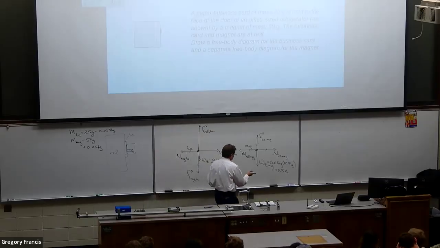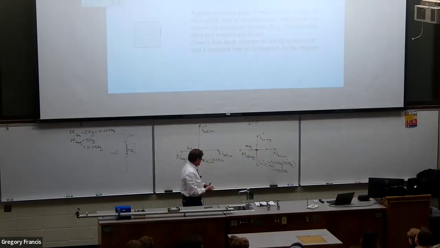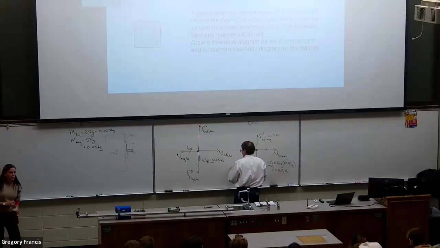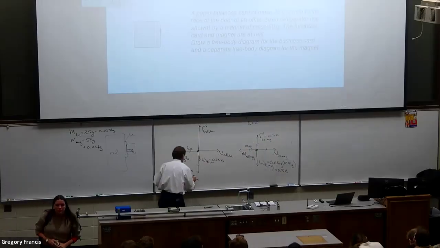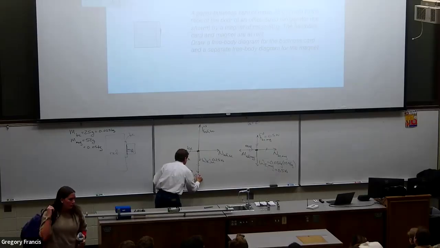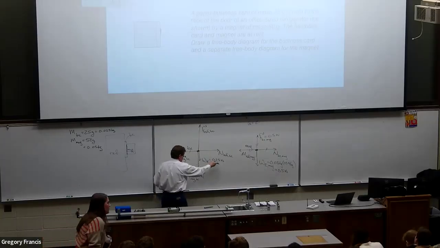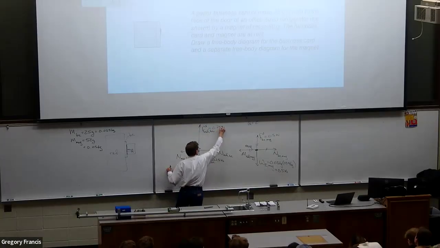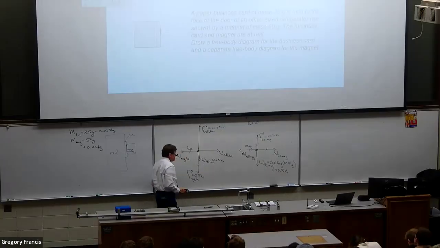In the y direction, I know there's no acceleration in either direction, so the diagrams have to screen balance. Since I've got half a Newton down, I've got to have half a Newton up. And because this is a third law pair, this would also be half a Newton. Because I've got 0.25 and 0.5, this is going to be 0.75 Newton.